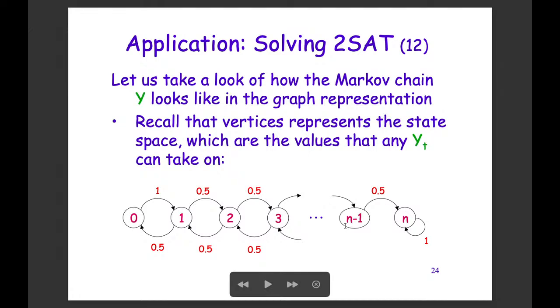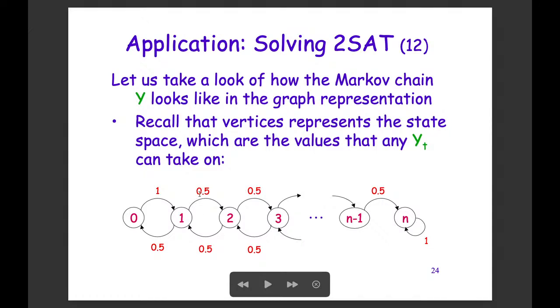But for our case, it is not exactly 0.5 here and not exactly 0.5 here. For our case, we should have more than or equal to 0.5 for changing from, so these values here, 0, 1, 2, 3, let me recall, they represent how many variables are assigned in the same way as in the optimal assignment. So in such a case, if we have only one variable assigned correctly, then with more than or equal to 0.5 chance, we will go to 2.